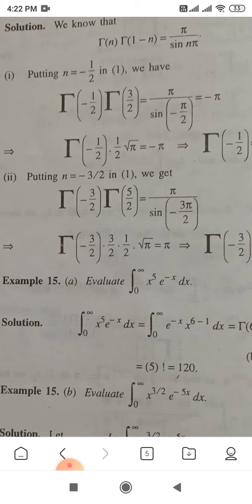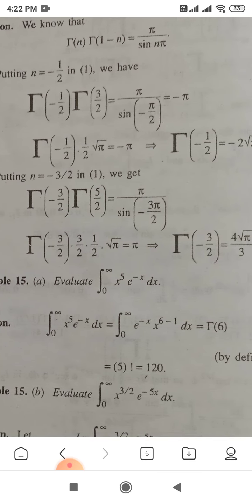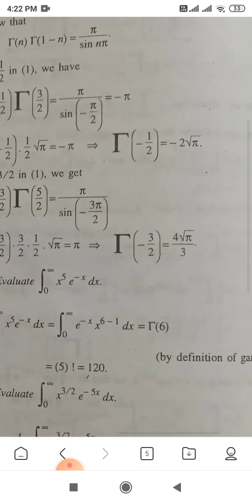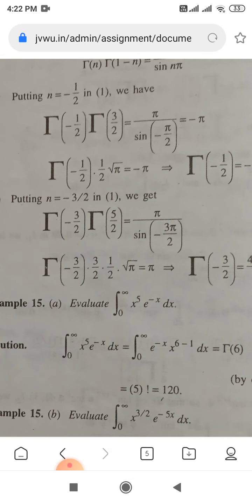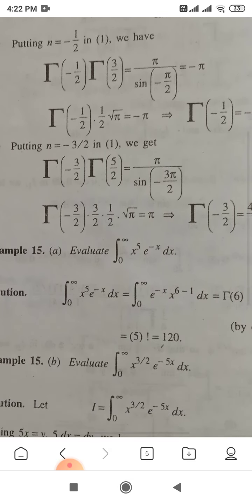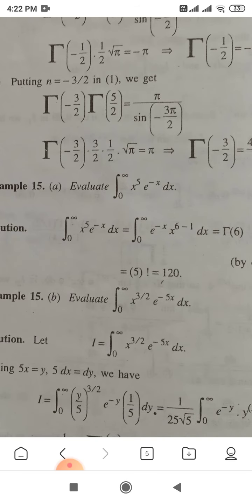So the value of this equation will be gamma minus 3 by 2 into 3 by 2 into 1 by 2 into root pi is equal to pi, because sine minus 3 pi by 2 is equal to 1. So gamma minus 3 by 2 is equal to 4 root pi upon 3. So this is the solution for the value of gamma minus 3 by 2.